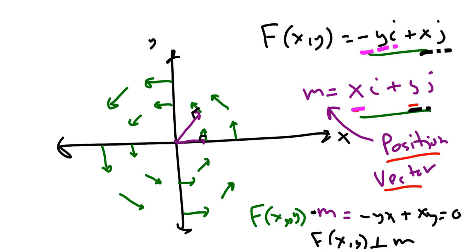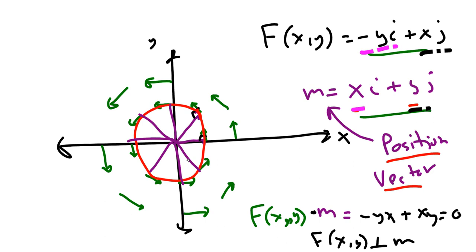But that turns out to be a property that circles have, that is that their tangent vectors are always perpendicular to the radius. So if I draw a bunch of radii in here, every one of these radii will be perpendicular to these tangent vectors that we've drawn.